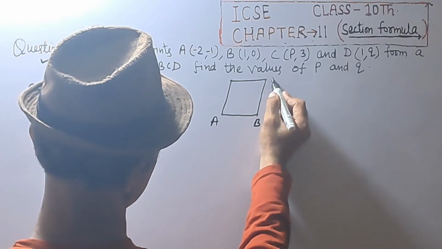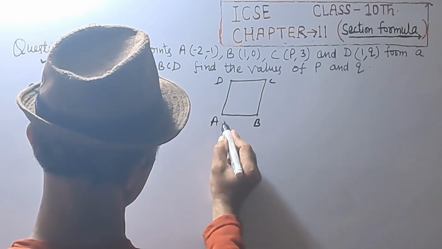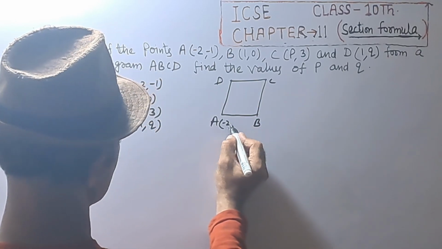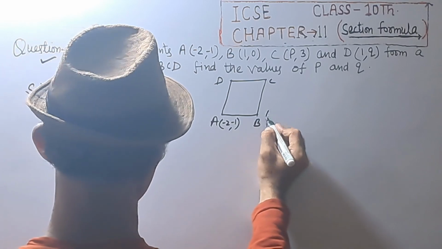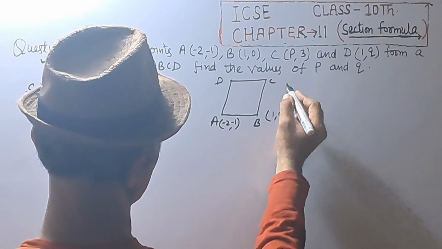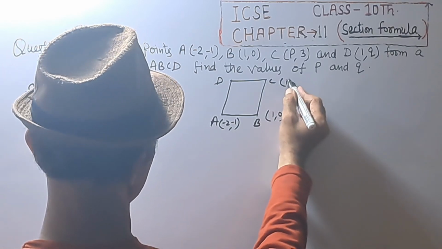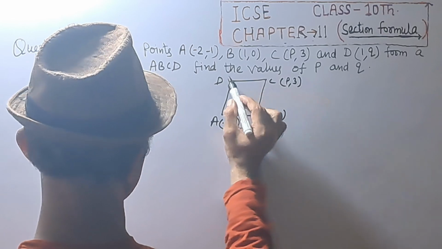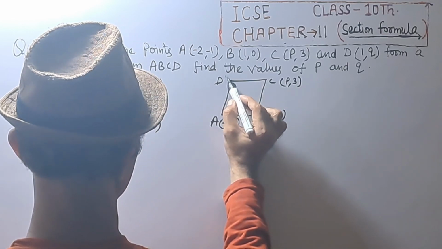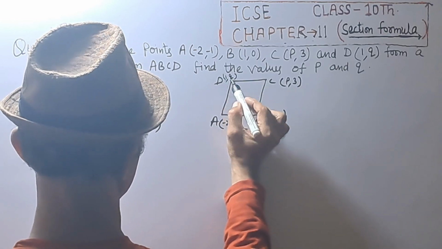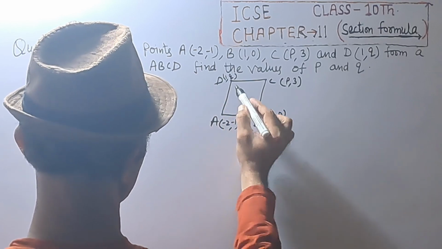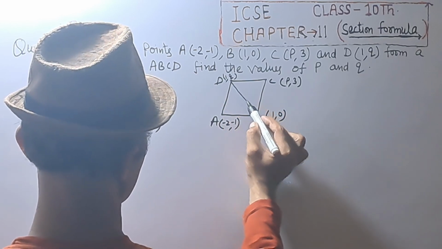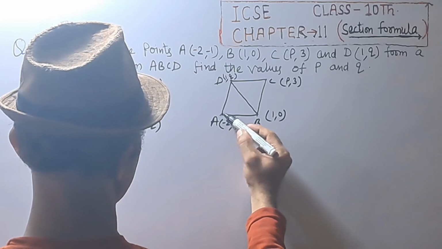ABCD is a parallelogram with vertices A(-2, -1), B(1, 0), C(p, 3) and D(1, q).